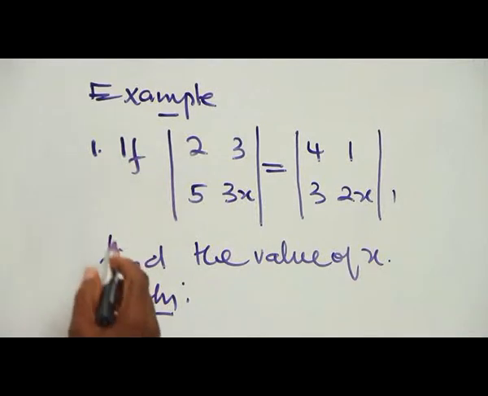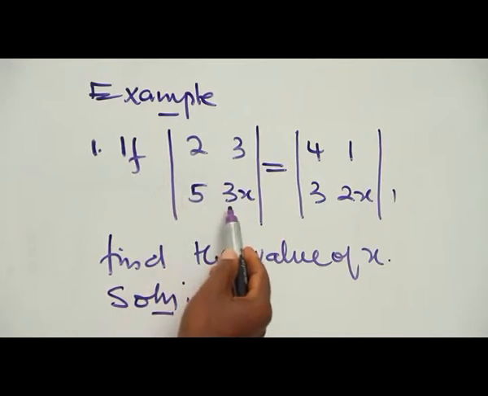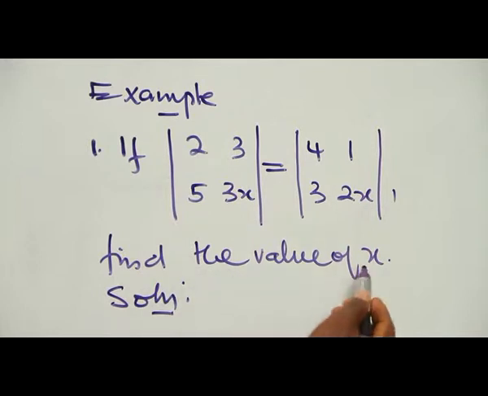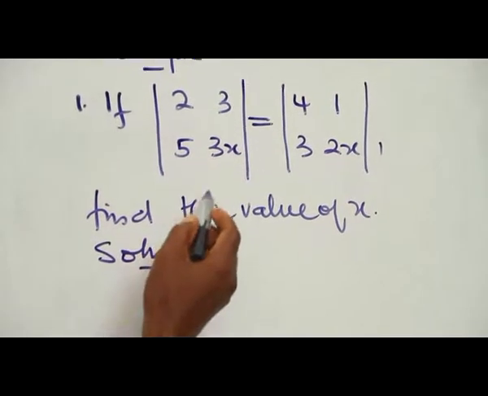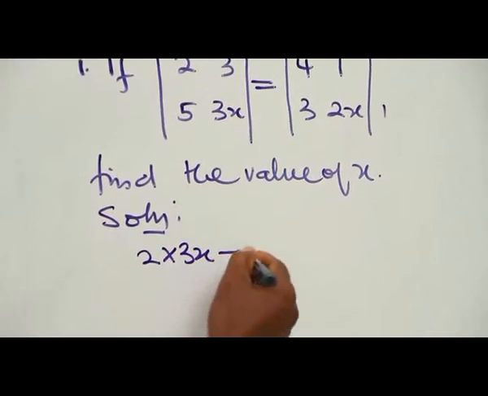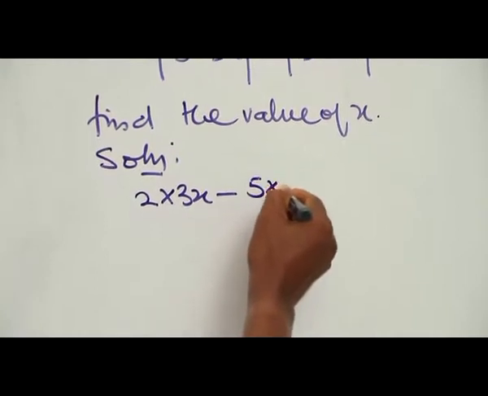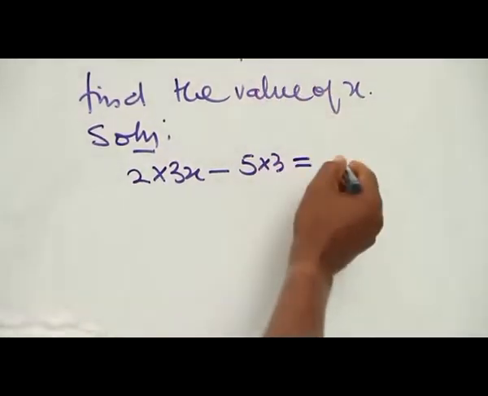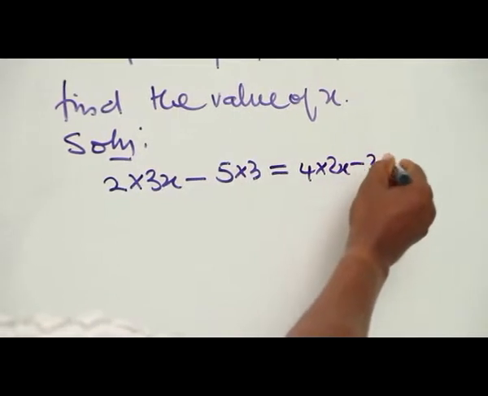Example number 1. If the determinant of this element is equal to the determinant of this element, find the value of S. Our solution: the main diagonal in the first one, 2 times 3s, subtract the product of the other diagonal, 5 times 3, and this will be equal to 4 times 2s minus 3 times 1.